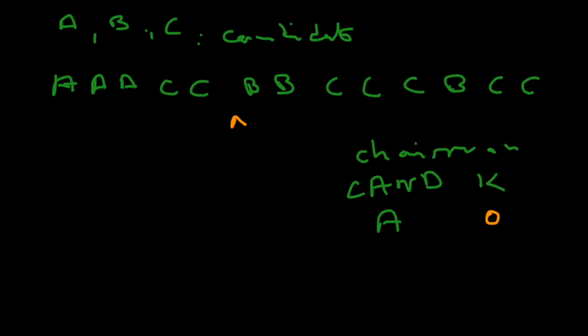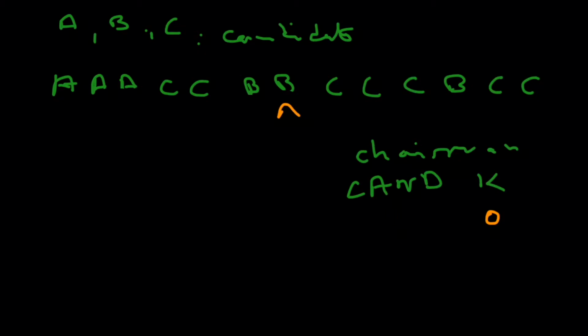And then we go to the next B in here. So, next B, which is here. So now B is different than candidate, which is A, but K is 0, so that means we can replace the candidate.